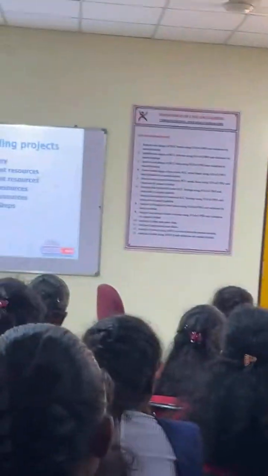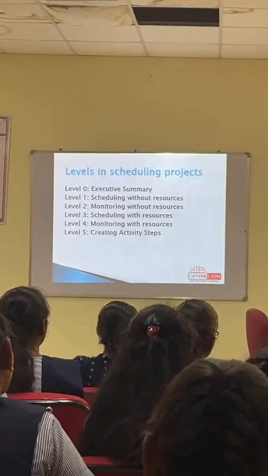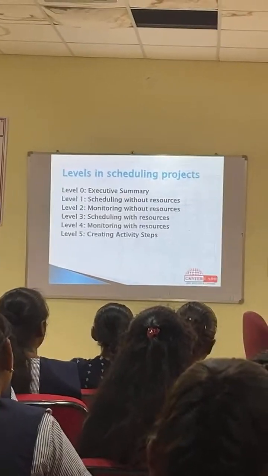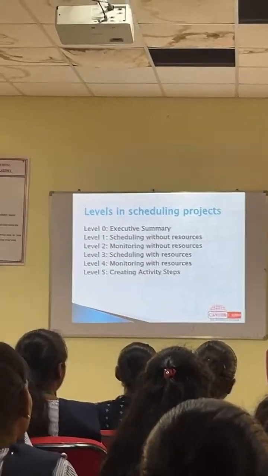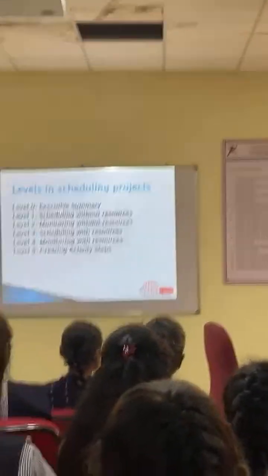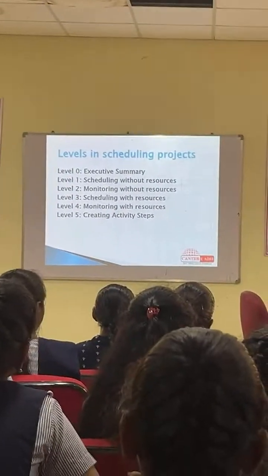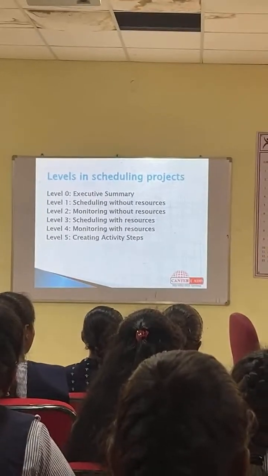So there they will create a schedule without resource, where they say this activity or this floor should complete in X number of days. Once the work is assigned to someone, they have to figure out to complete in so much time, how many people do I need, how much material I need. They have to calculate and they have to do that. That is something called quiz. So the example of a level 1 is something like that.